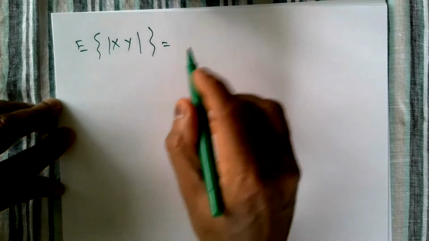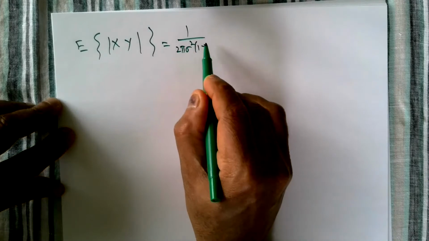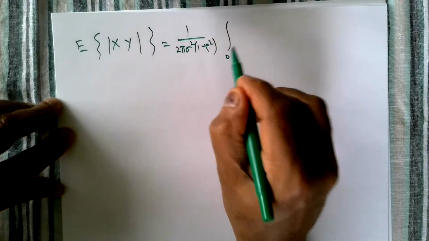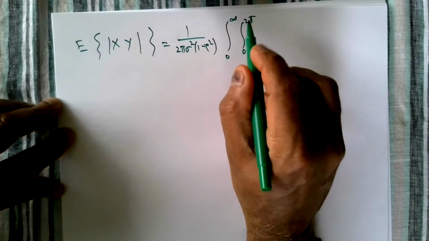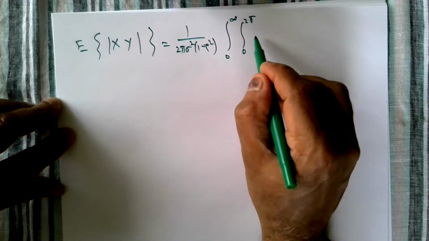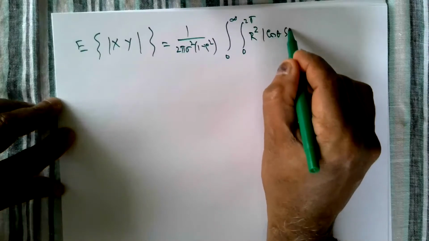So the expected value of the absolute value of xy would be the constant 1 over 2 pi sigma squared square root of 1 minus rho squared, with r going from 0 to infinity and theta going from 0 to 2 pi. So xy will be r squared cos theta sin theta.